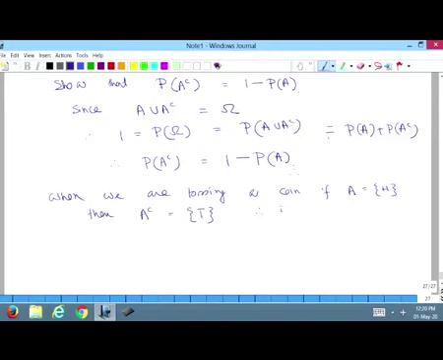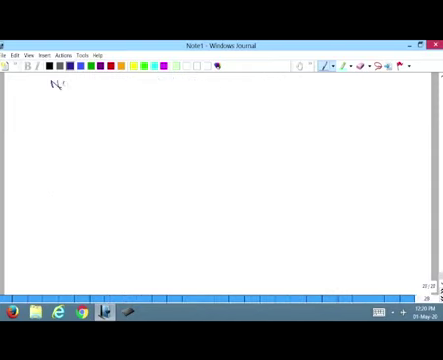Therefore, if probability of head is equal to P, then probability of tail is equal to 1 minus P. Now, consider getting 2 heads in 3 tosses.